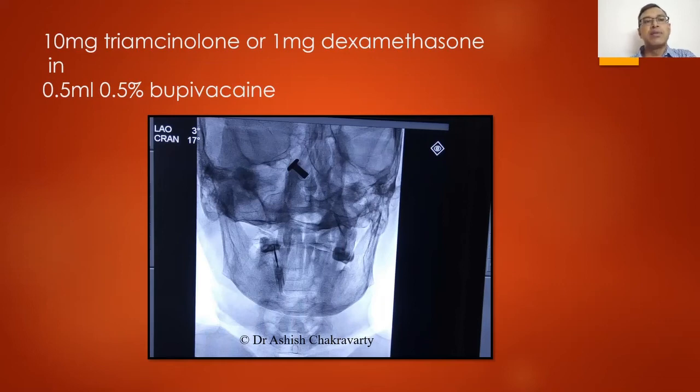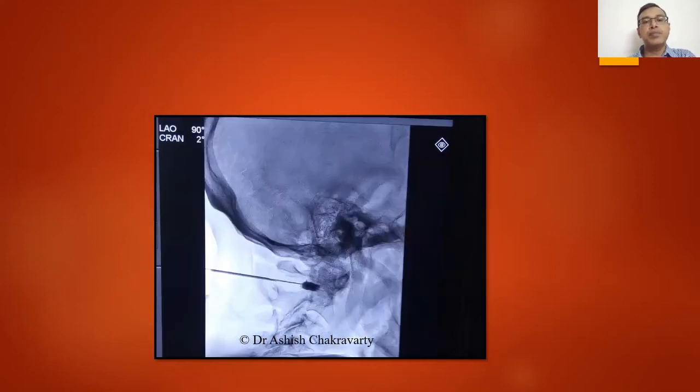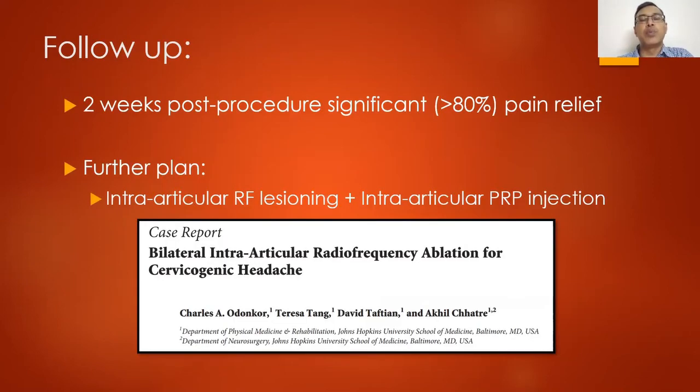And this I administer in 0.5 ml of 0.5% bupivacaine. She reported post-procedure pain relief of approximately 80%. My further plan as a definitive treatment is to do an intra-articular RF lesioning of the atlantoaxial joint as well as an intra-articular PRP injection for the same.